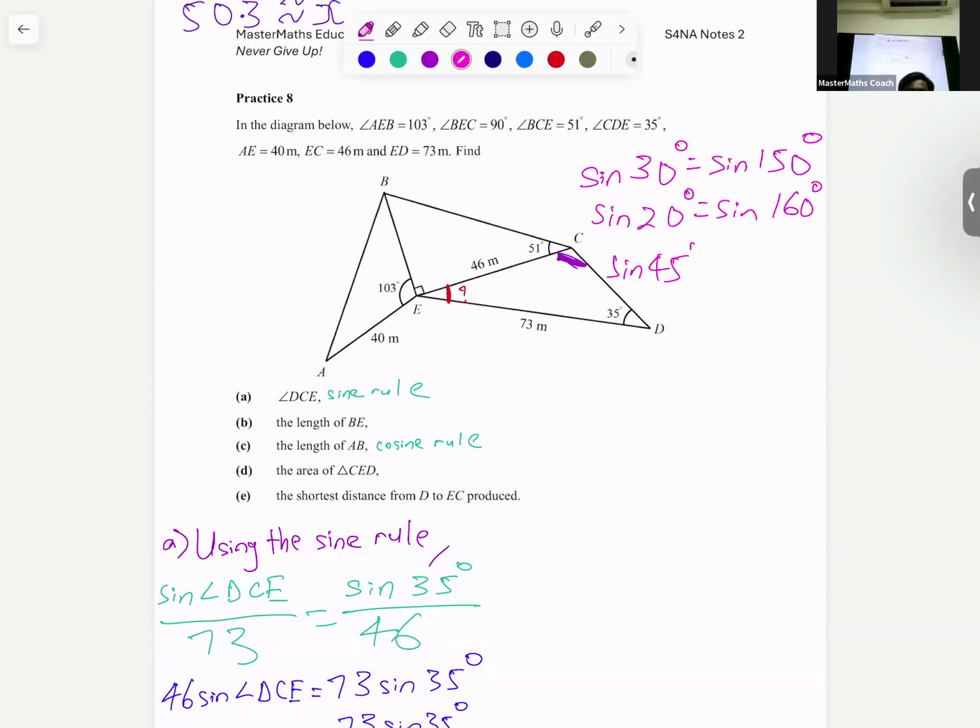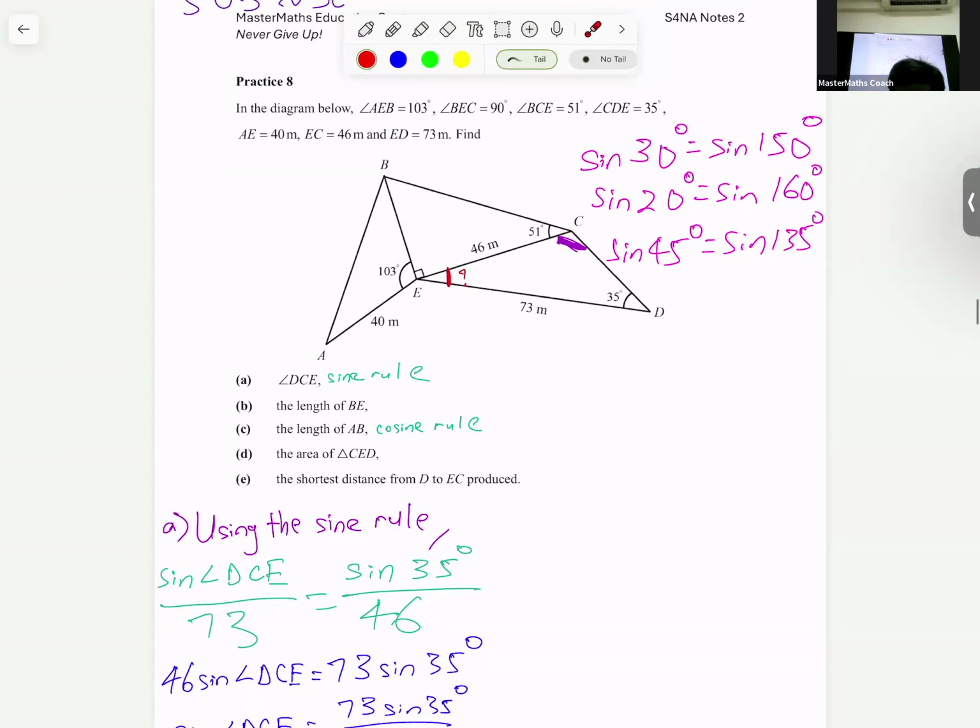Sine of 45 degrees equals sine of 135 degrees. So the question is a little bit tricky, because sometimes you are blindsided. Not that we want to be blindsided, it's just that we are not cautious enough. So this is the angle that we are talking about.